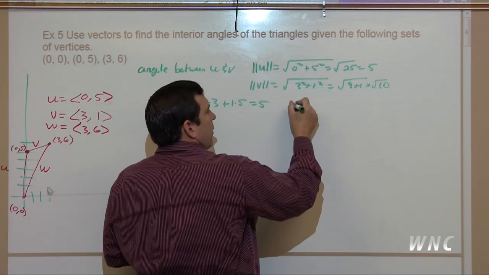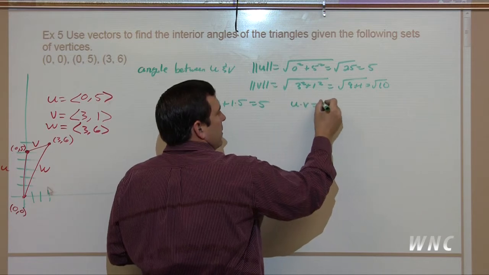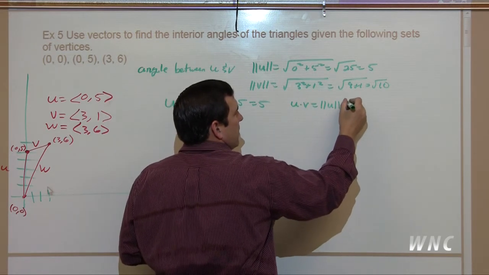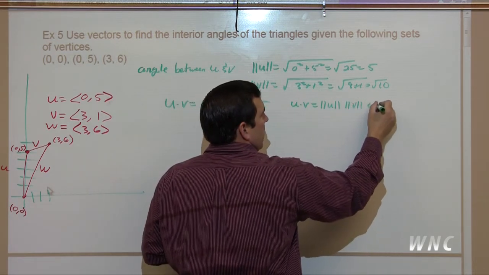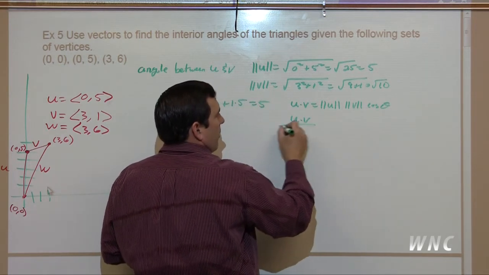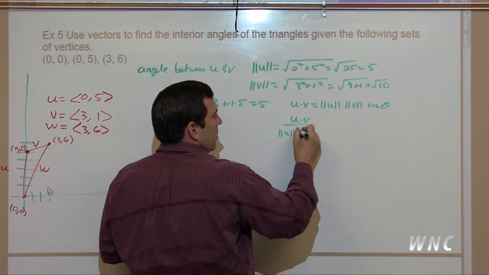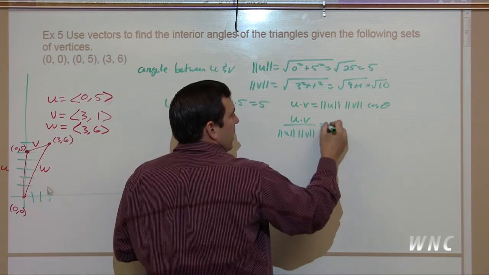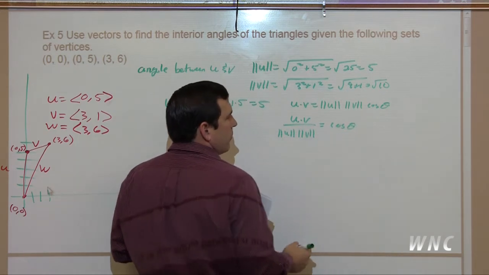So we're going to have u dot v equals the magnitude of u times the magnitude of v cosine theta. So u dot v over the magnitude of u times the magnitude of v equals cosine theta.